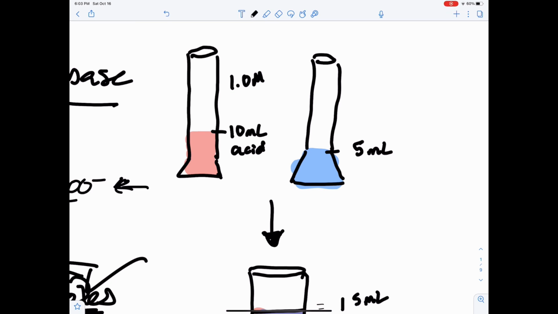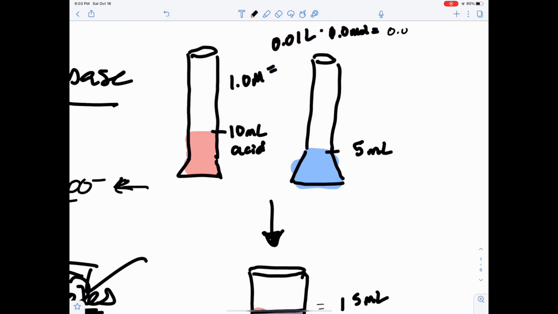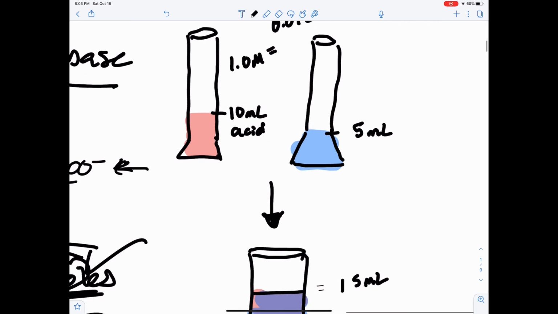Let's say we initially had 1 molarity, and we're going to figure out how many moles that is. So I'm going to take the milliliters turned into liters, the 0.01 liters, times your 1 mole per liter, since moles over liters equals molarity. And it's going to be 0.01 moles of acid.